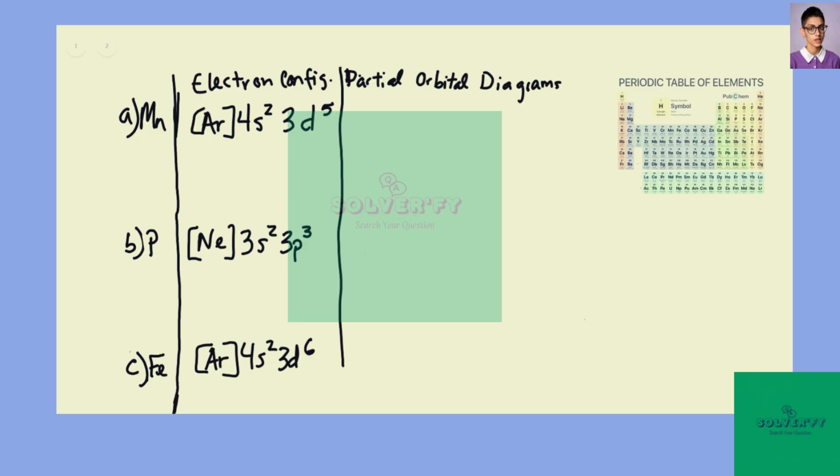So for manganese, we have the fourth row to work with. So we have 4s, 3d, and then 4p.